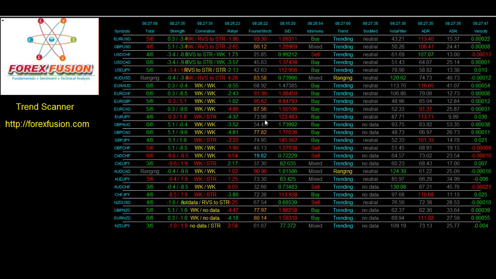A gray means that the stochastic value is not at an overbought or oversold level. So there are 5 actual conditions in colors, not 2. A weak sell is orange, a strong sell is red, a weak buy is aqua, a strong buy is green.